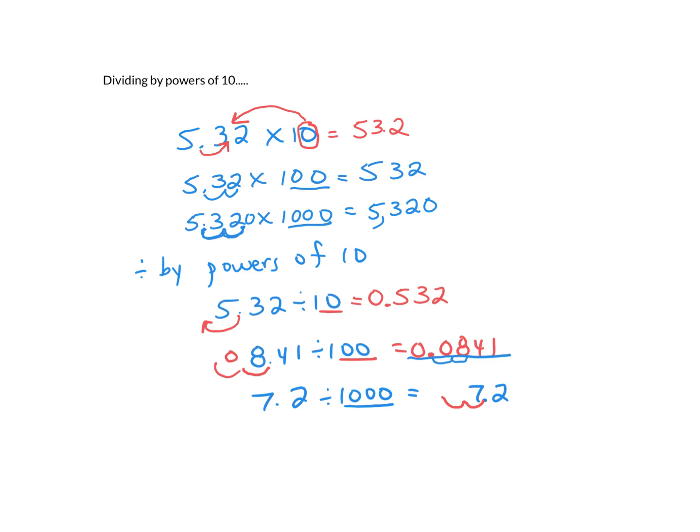In order to move in another spot, I have to put a 0. In order to move in another spot, I have to put another 0. So my final answer is 0.0072 because I moved it 3 spots. 1, 2, 3. Once again, I might write it as 0.0072 just so I have that leading 0, which sometimes makes it easier to see.